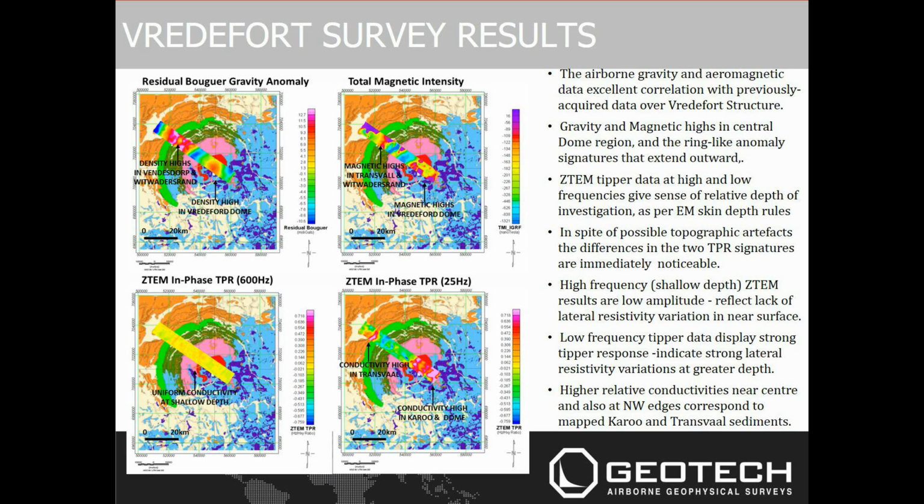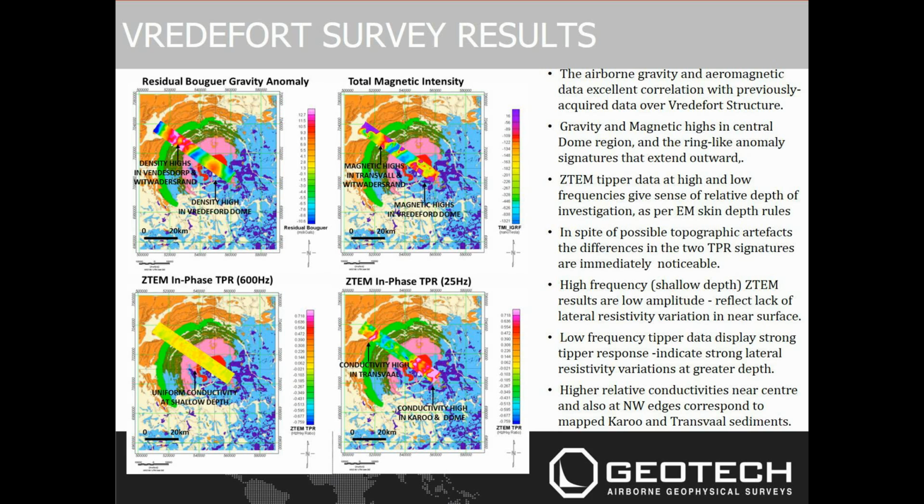The ZTEM tipper data at high and low frequencies give a sense of the relative depth of investigation as per EM skin depth rules. So we have high frequency data on the lower left and lower frequency data on the lower right. In spite of topographic artifacts, the differences in the 2 TPR signatures are pretty clearly noticeable.